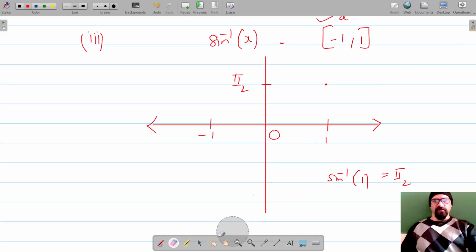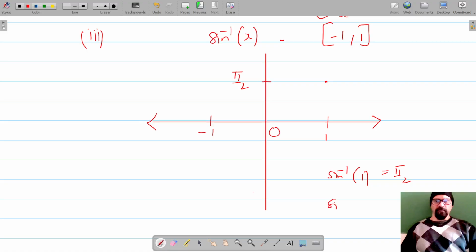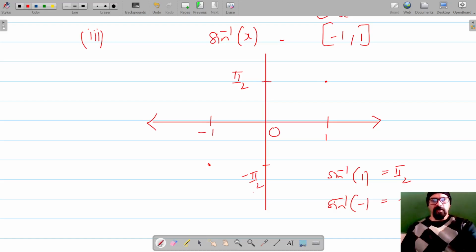And for sine inverse negative 1, the value is negative pi by 2. So we have this point and this point, and if we join these points, our graph looks somewhat like this. So this is the graph of y is equal to sine inverse x.